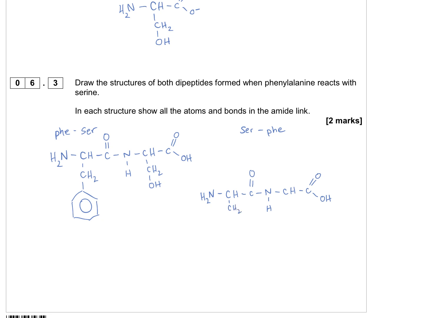So first of all, the CH2OH for serine, and then the CH2 benzene ring for phenylalanine. So there you can see you end up with 2 slightly different structures because of the different way that the 2 amino acids can join together to form the dipeptides.